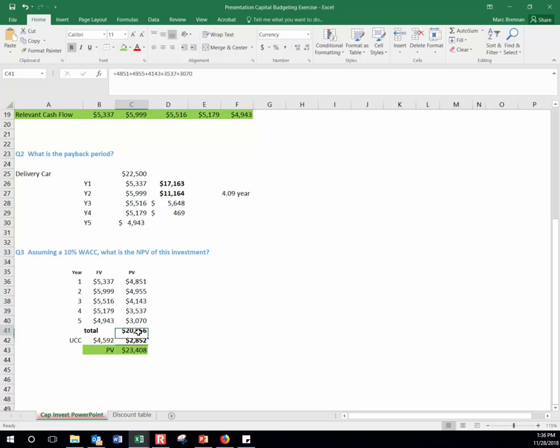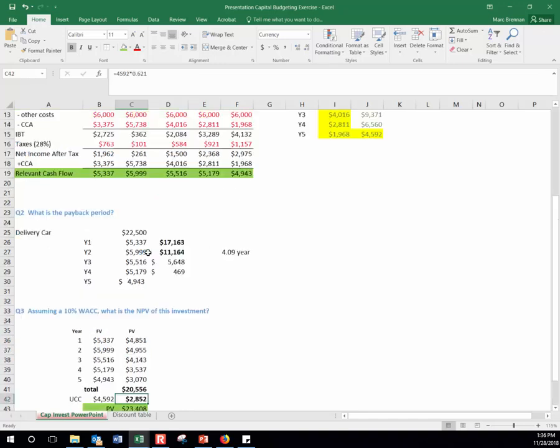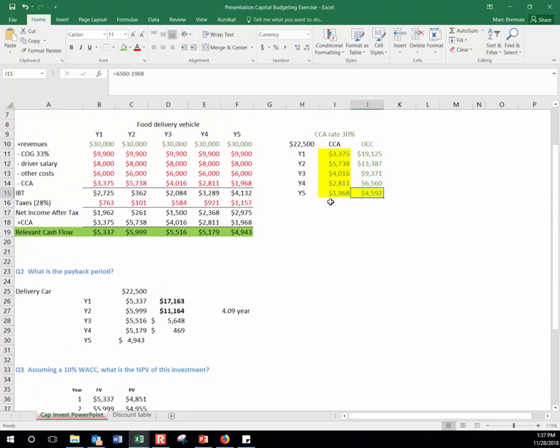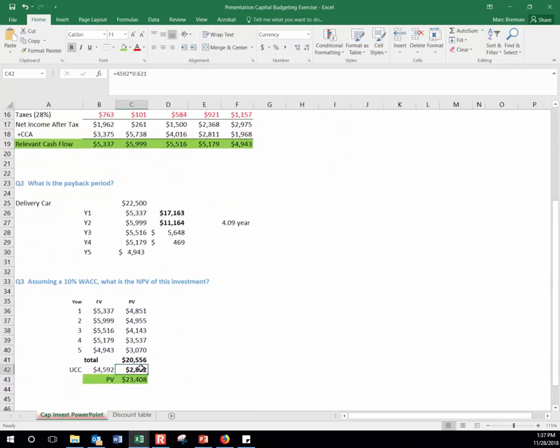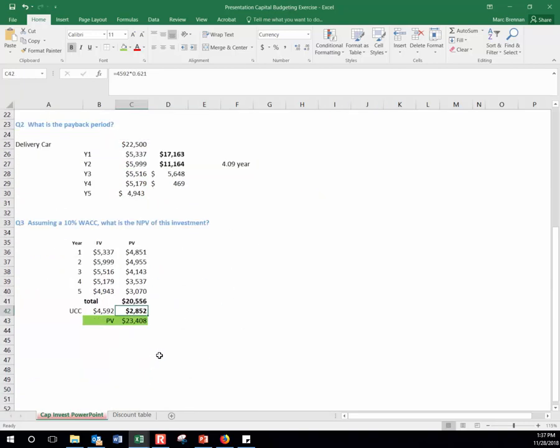Okay, because if I only go by relevant cash flows in today's dollars, I'm only going to make $20,556 in today's dollars, and the investment is $22,500. I haven't made my money back in 5 years. That's not good. I'm not happy with that. But we always have to remember that this asset's still going to have some value. If I were to sell it, it's going to have a dollar value attached to it. So that's why I add them both together.